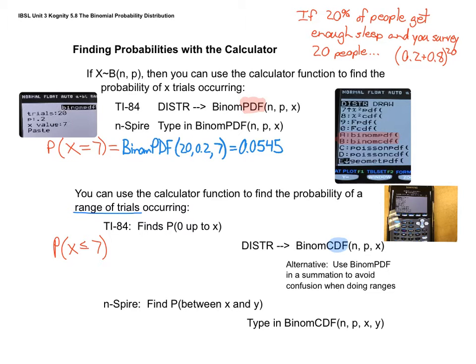So we have almost 5.5%, so a 5.45% chance of getting 7 people who got enough sleep.